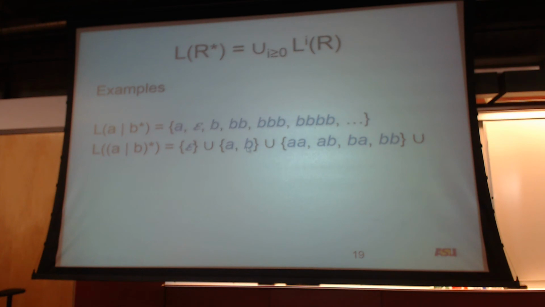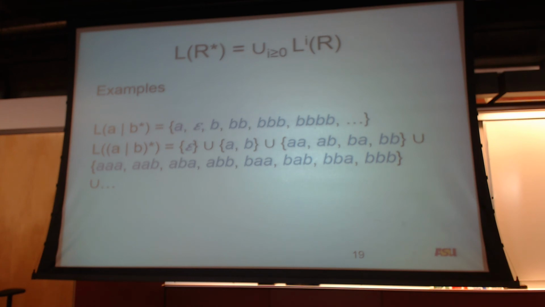So what we will have is AAA, AAB, ABA, ABB, then BAA, BAB, BBA, BBB, right?